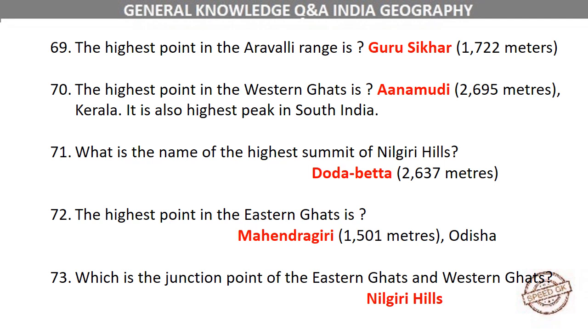Nilgiri Hills. The highest point in the Aravalli range is Guru Shikhar, 1722 meters. The highest point in the Western Ghats is Anmudi, 2695 meters, Kerala. It is also highest peak in South India. What is the name of the highest summit of Nilgiri Hills?